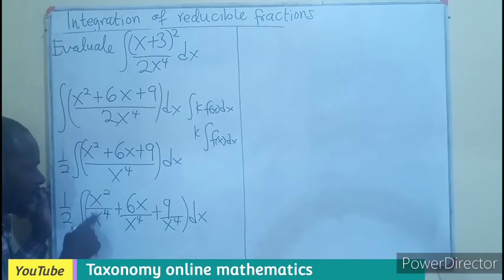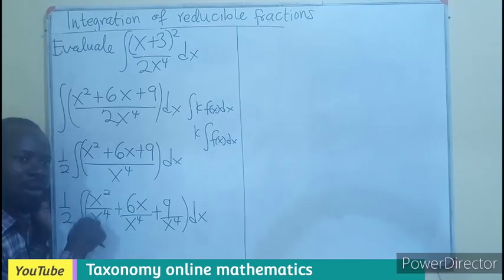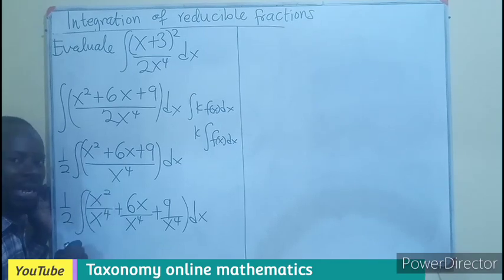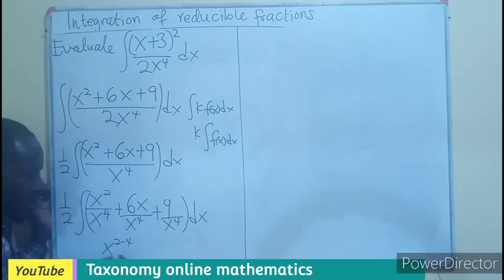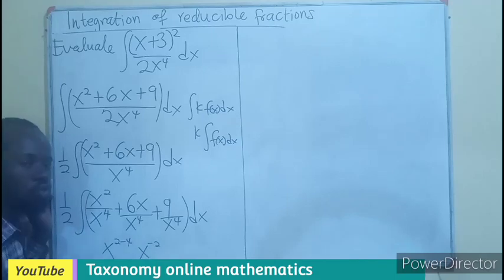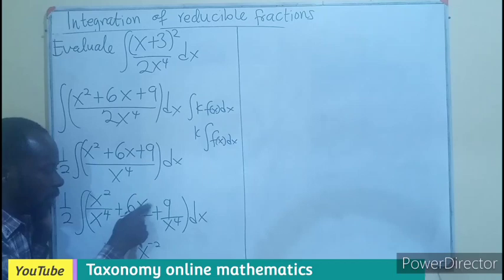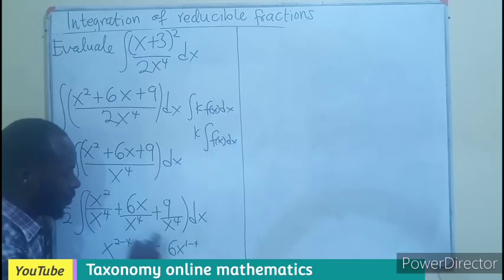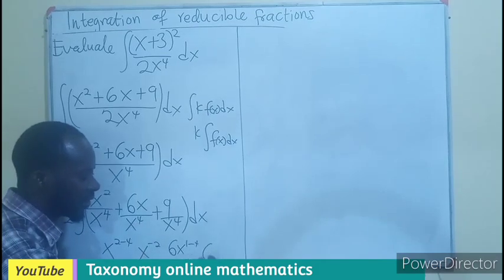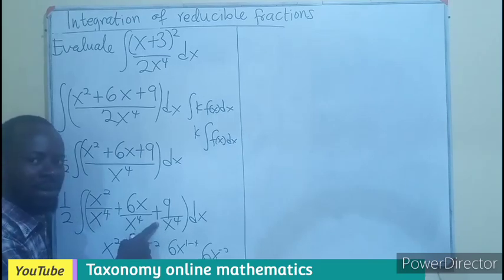Don't forget, here we are also going to employ the principles of indices. Dividing numbers on the same base, you subtract the exponents, meaning x squared over x to the 4 will have given us x to the power minus 2. Then here, since the 6 is already on top, we are going to have 6x, then power of 1 minus power of 4. That will give us 6x to the power minus 3.